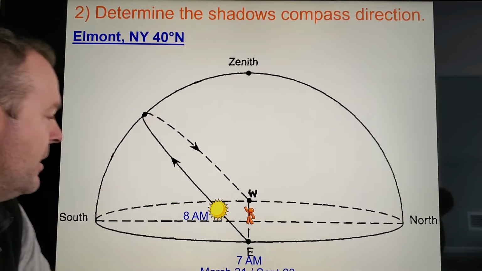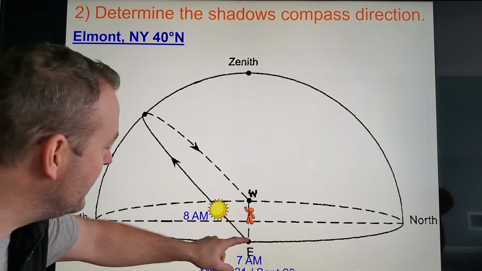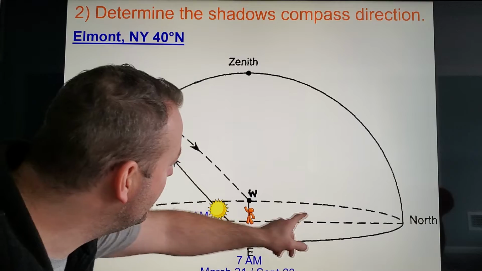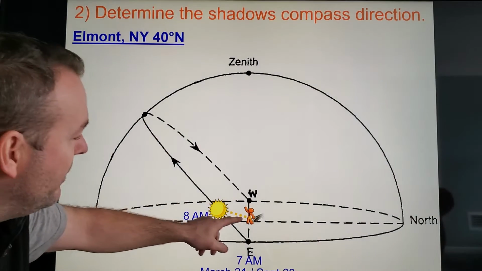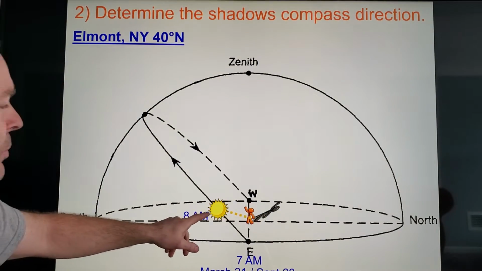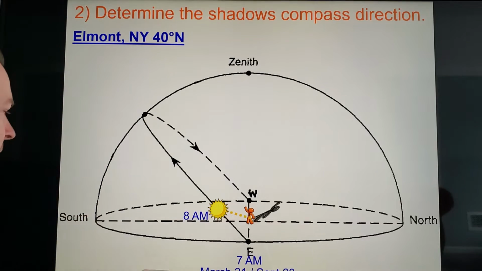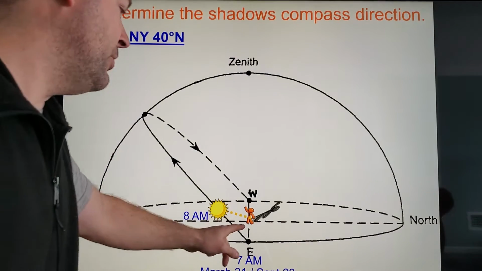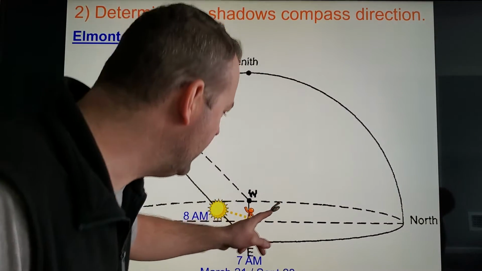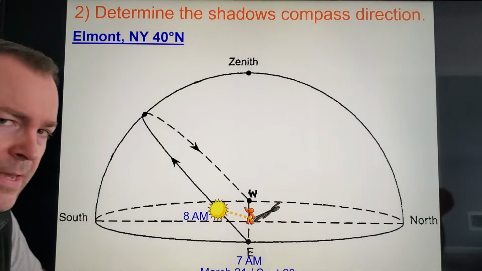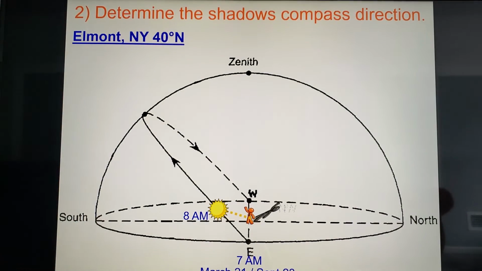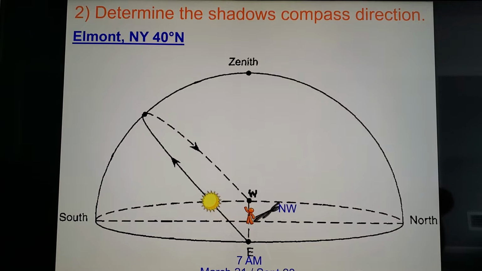It's always opposite where the light comes from. So if the light's coming from the southeast, the shadow will go to the northwest. And there it is. You can see his shadow going toward the northwest, opposite the light coming from the southeast. You'll also notice it's a long shadow because the sun is quite low in the sky at 8 o'clock in the morning. All right, so there we keep rolling.